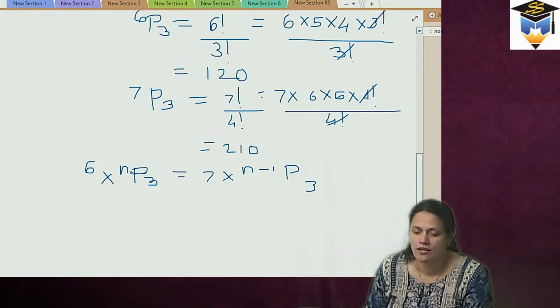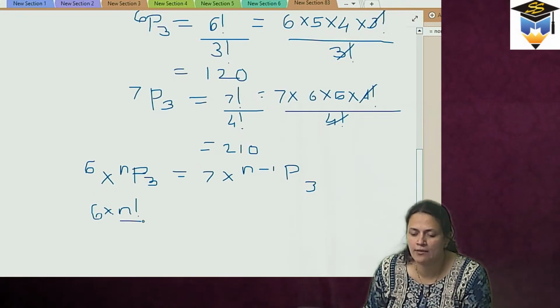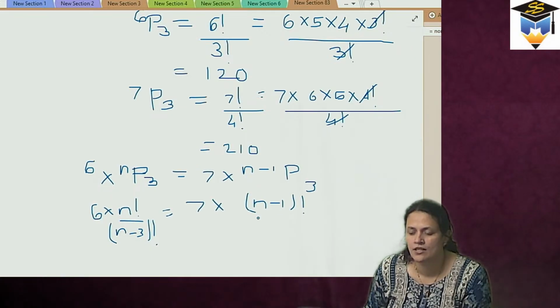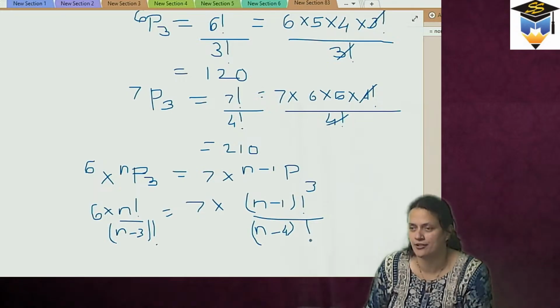Okay, now check. We know the formula of nP3: nP3 can be written as n factorial upon n minus 3 factorial, that is equal to 7 multiplied by n minus 1 factorial upon n minus 4 factorial. Up till here everybody has understood because we have used the formula here.